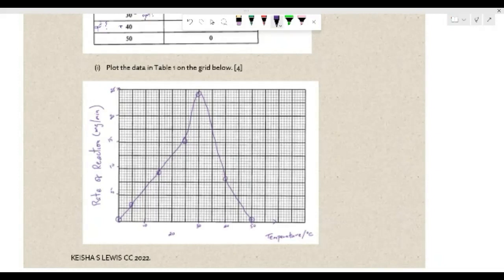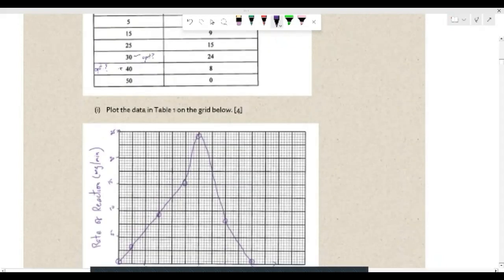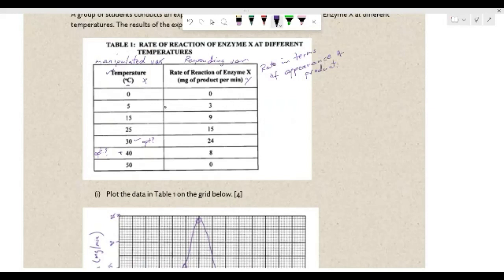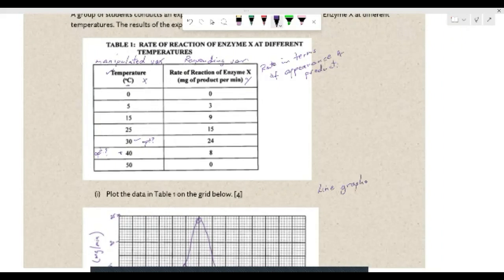So when you're doing a graph like this, notice they didn't tell you what type of graph they wanted. However, anytime you're looking at trends in something, for example, we're looking at temperature and how rate of reaction changes over different temperatures, then you want to get a line graph. A line graph, you would use when we're looking at trends, change with respect to some other change over time, or some other variable.